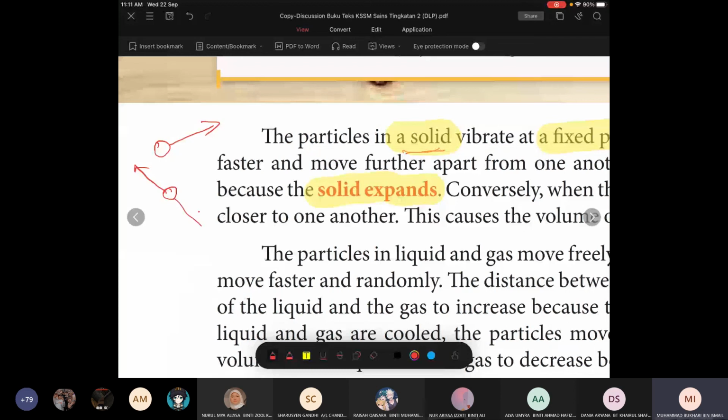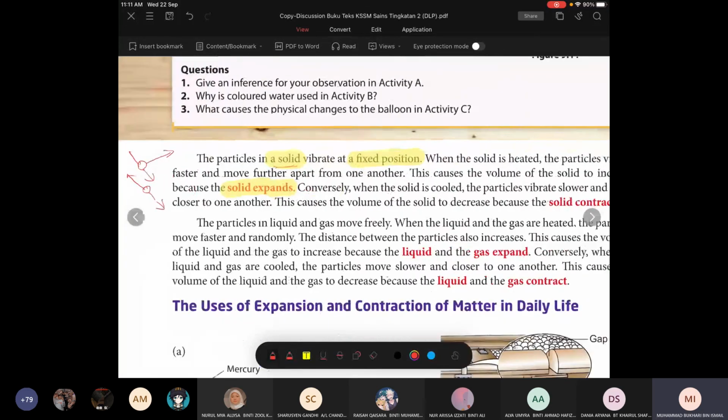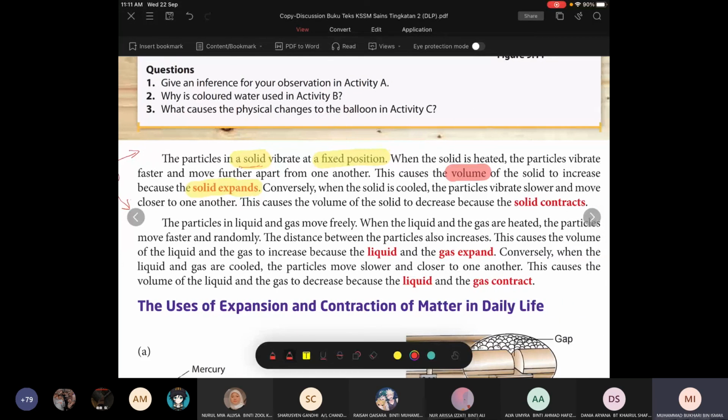That's why we have a bigger volume of the solid. Conversely, when the solid is cooled, the particles vibrate slower and move closer to one another. This causes the volume of the solid to decrease because the solid contracts.